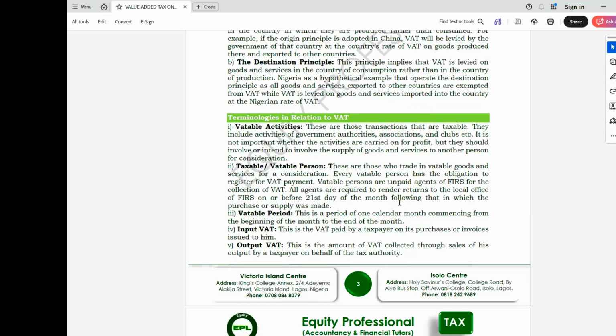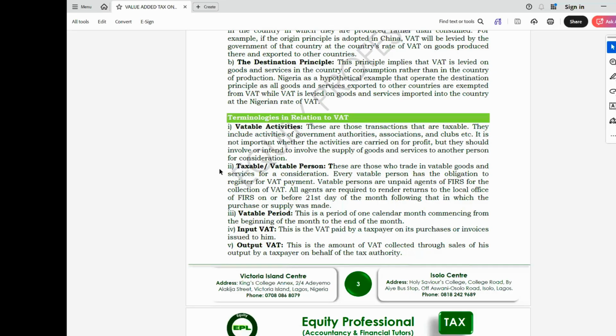So it is expected that when you trade in vatable activity from January 1 to 31st of January, all those activities that you engage in, that you sell, that are liable to value-added tax, you must charge value-added tax on them and remit it to FIRS on or before 21 days of the following month, which is February, in the case of transactions from 1st of January to 31st of January.